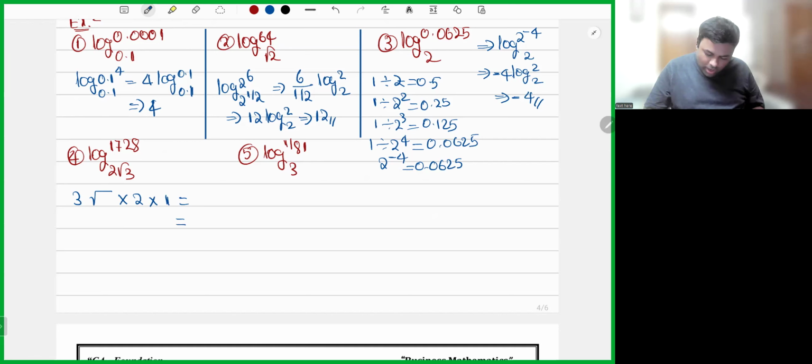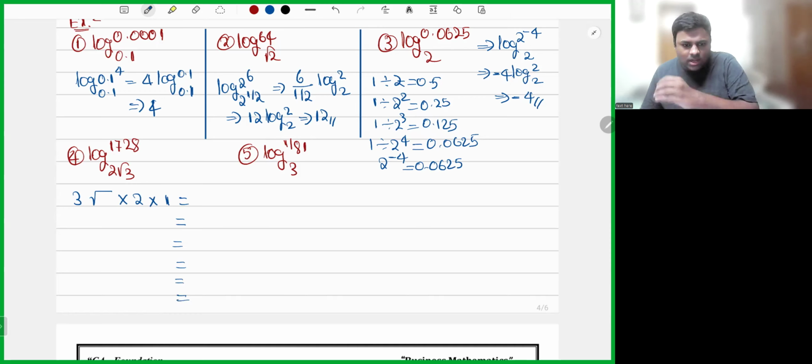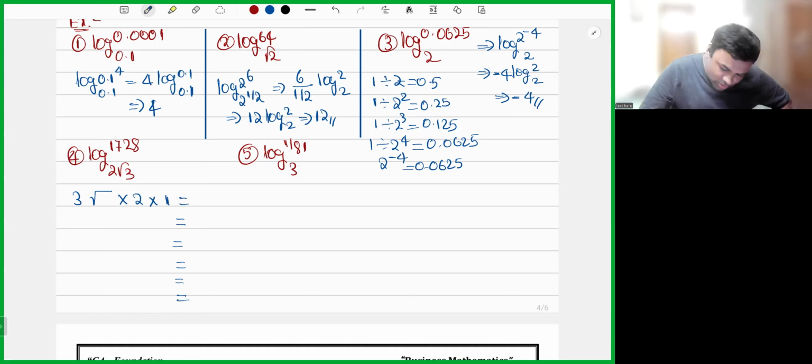I'll press equals to again. I'll get 41.5692. I'll press equals to again. I'll get 143.999999. Again 498.83. I'll press equals to again. I'll get 1727.99999, which is 1728. Means how many times you pressed equal to here? 1, 2, 3, 4, 5, 6 times you pressed equal to, my dear friends.